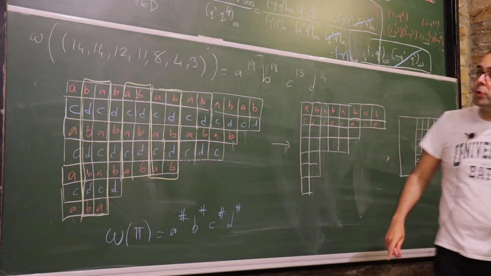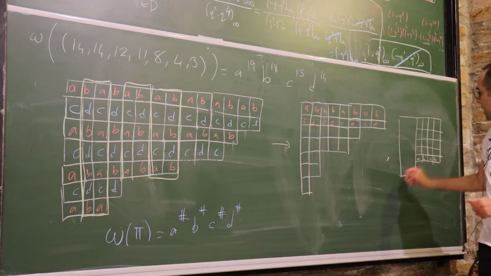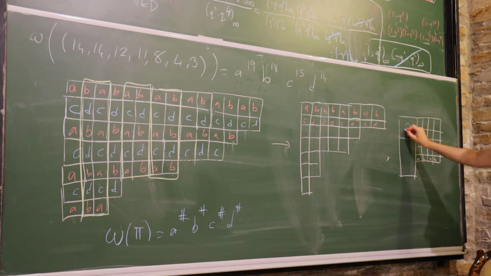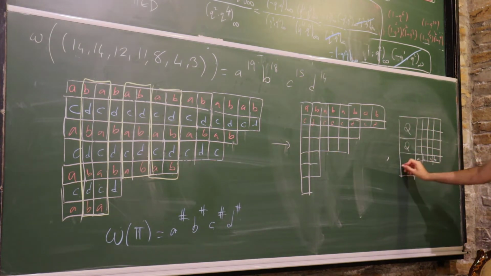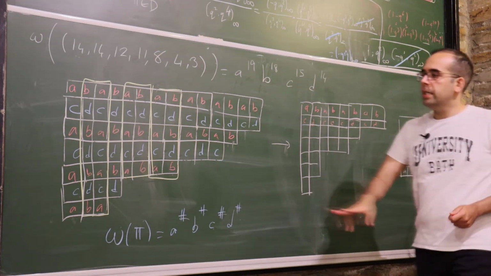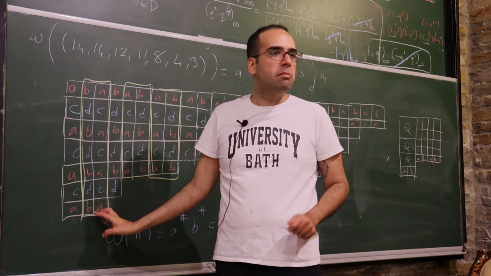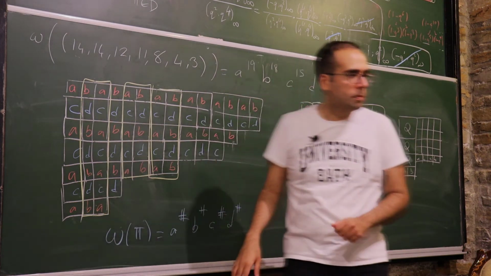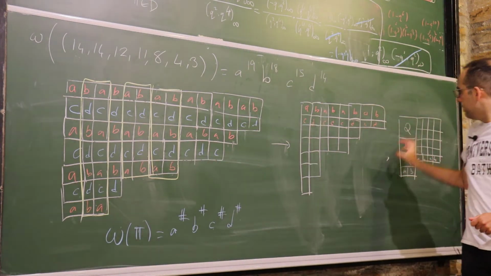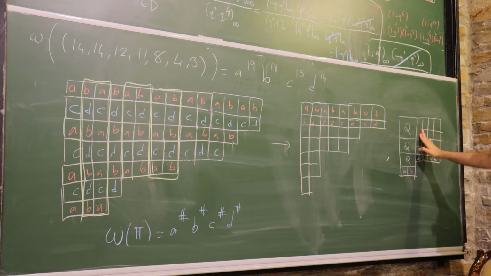So let me start using this capital Q even. A capital Q is a 2x2 box. So I have one capital Q, another capital Q, another capital Q, and an AB. Whenever I need to switch B and A, I'll be easygoing, I will just switch it. And whenever I have an ABCD box, I will just call it a Q.